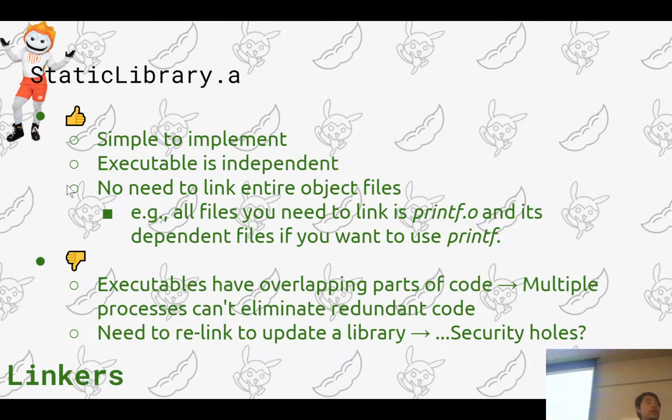If you don't have a static library, we may need to compile libc every time we want to link some of the functions. But with this archive file, if you want to use the printf function, all you have to link is printf.o and its dependent files.